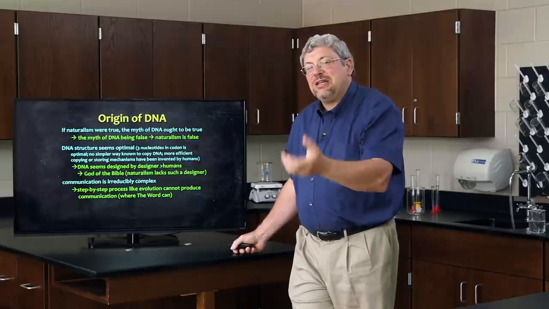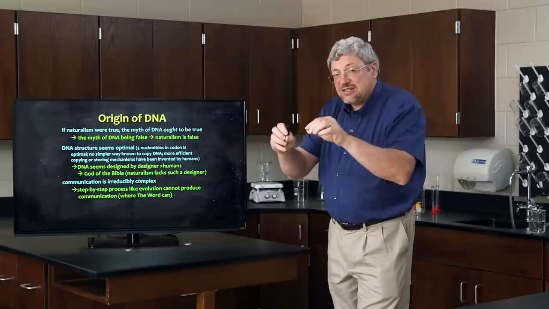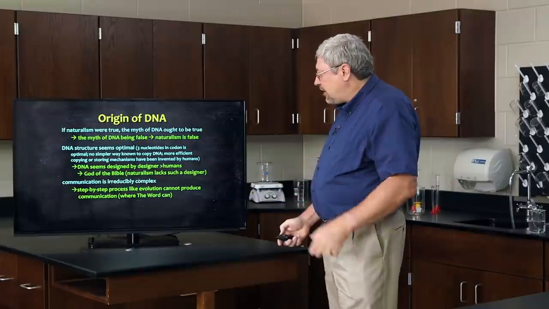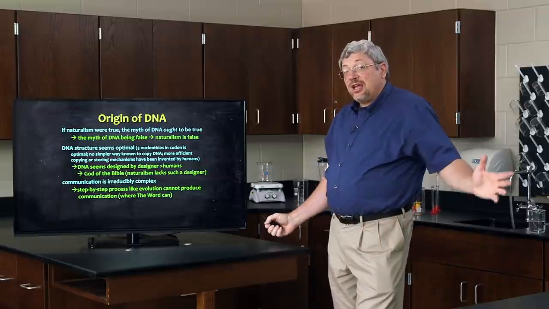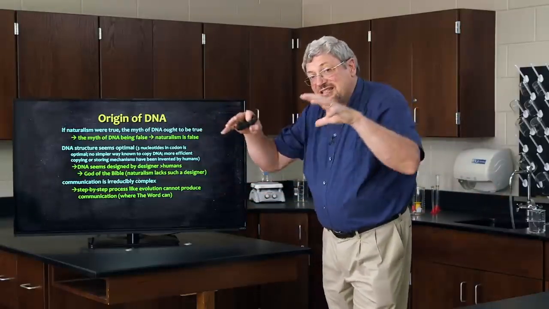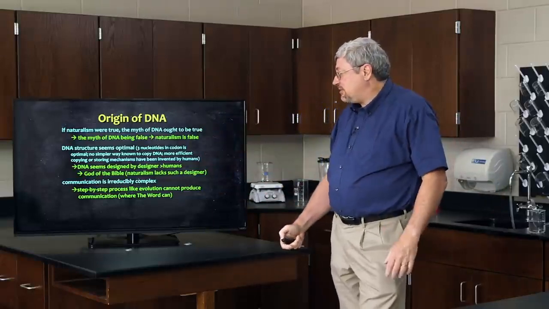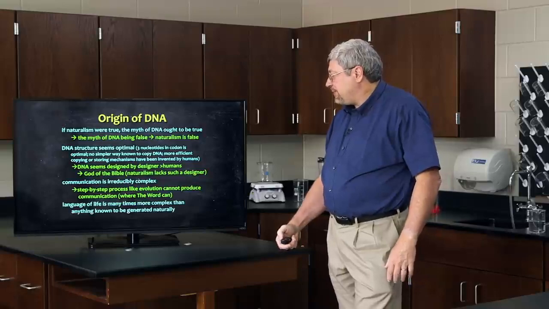It's got too many pieces to be assembled in a step-by-step, one step at a time process that's required in evolution. You have to put communication together by putting a whole bunch of pieces together at the same time. Then it works, but you can't do it in a stepwise process like evolution.